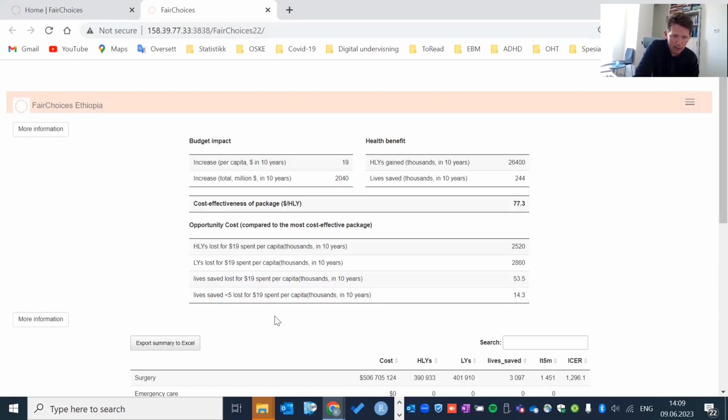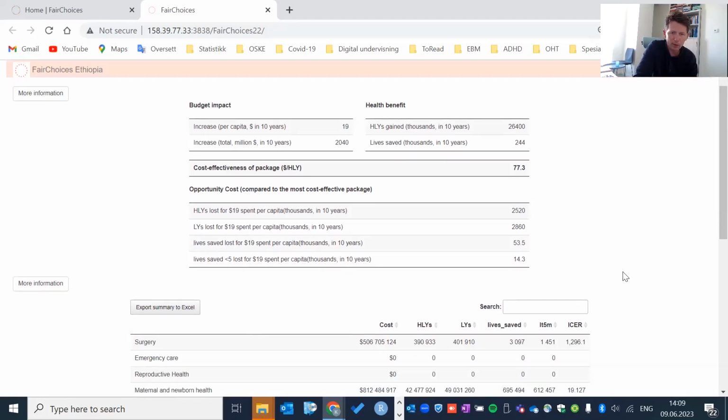And now you see this table here is relevant because we gave priority just according to HUD and cost effectiveness, but that means you will invest in some interventions that are not the most cost effective interventions. So this shows how much health you lose by investing in interventions that are not the most cost effective interventions.